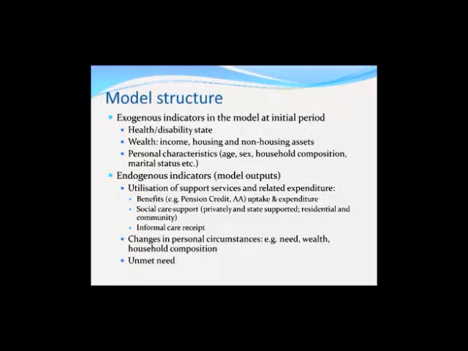And then we make some assumptions, which I'll talk about very briefly in a second, about how the system responds and how the individuals respond. And then from the model, we get some outputs about levels of utilization of services, levels of costs, both the state and the individual, and changes in personal circumstances.